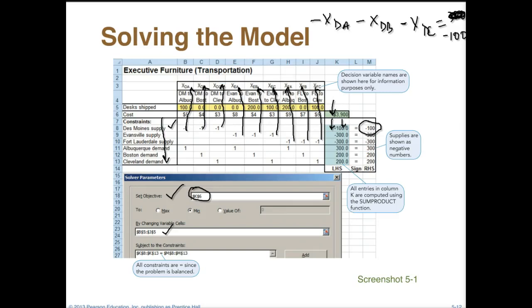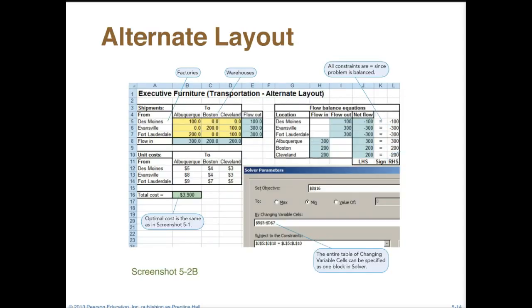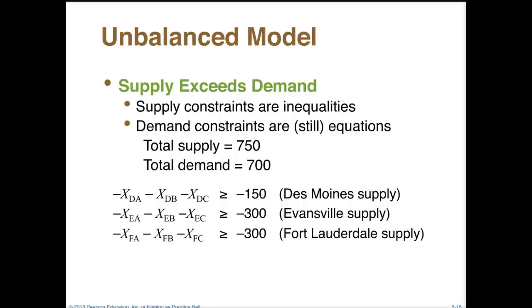And I'll go ahead and get rid of all of this, because we'll probably need to come back here later. All right, so that's what this would look like if you modeled it this way. Again, same equations, just if you want to look at it differently, you can.